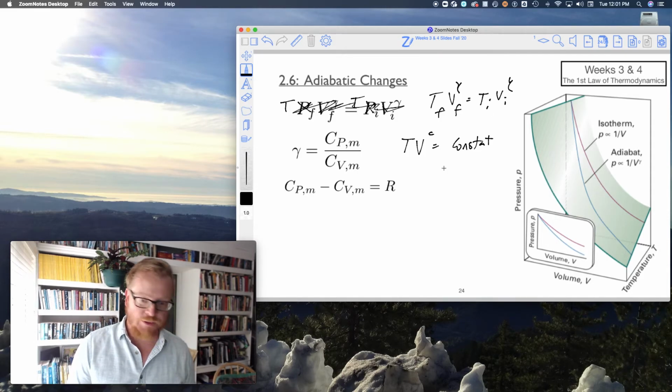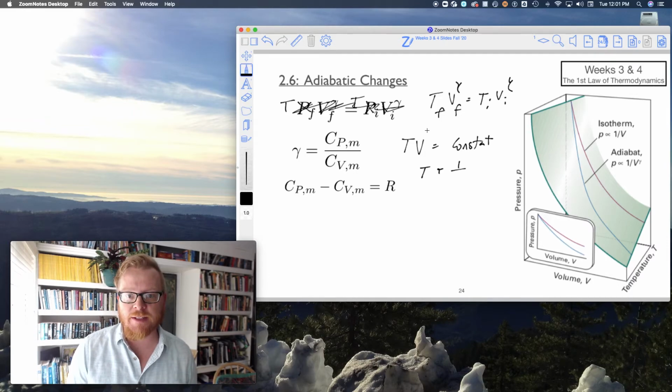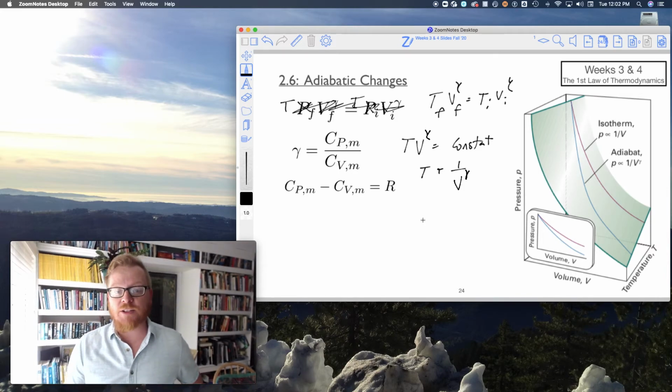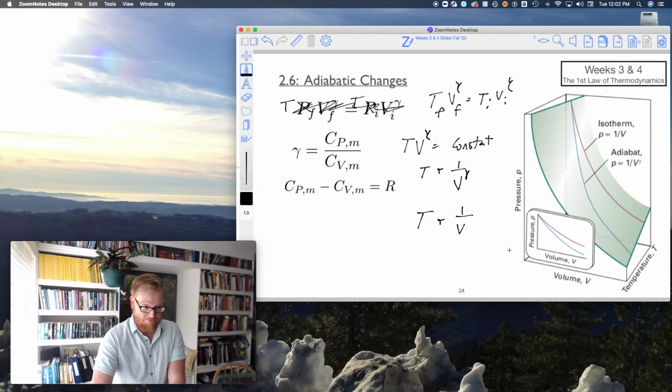Or in other words, T is proportional to 1 over V. I'm going to erase that C and use the gamma to be consistent. That's a Greek letter gamma. So what this also means, T is proportional to 1 over V raised to this little gamma. So note, compare that to Boyle's law, which says T is just proportional to 1 over V.